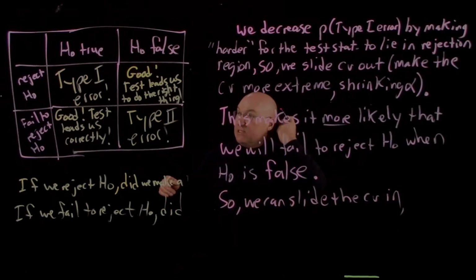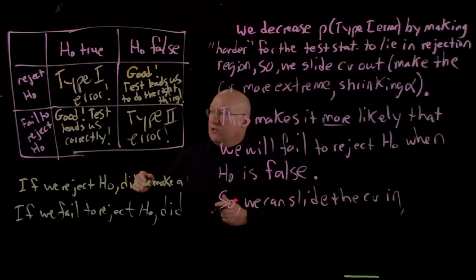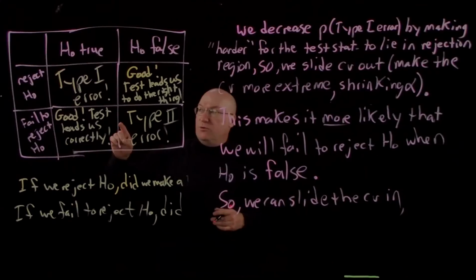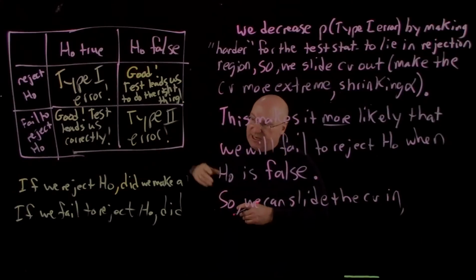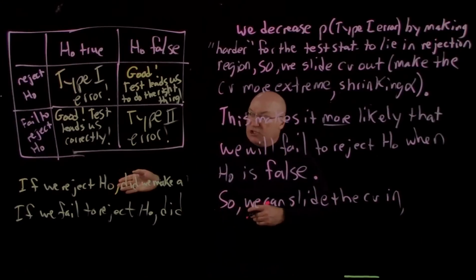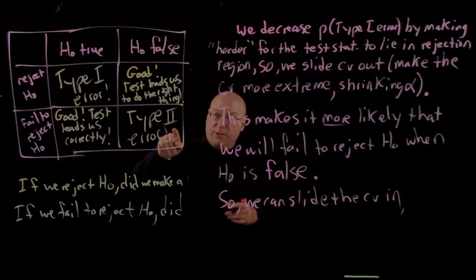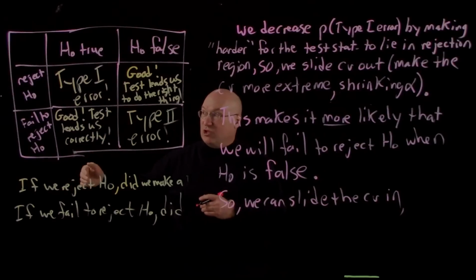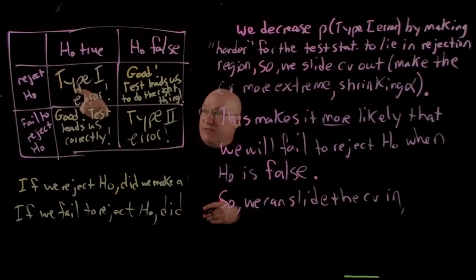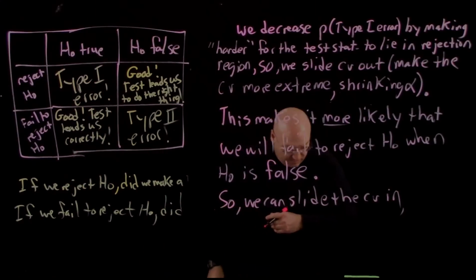So it's a lot easier for us to reject H naught. We're less likely to fail to reject H naught because it's easy to get into the rejection region. So the probability of type 2 error goes down, but then it becomes so much easier to reject H naught because our critical value is in, so we increase the probability of type 1 error.